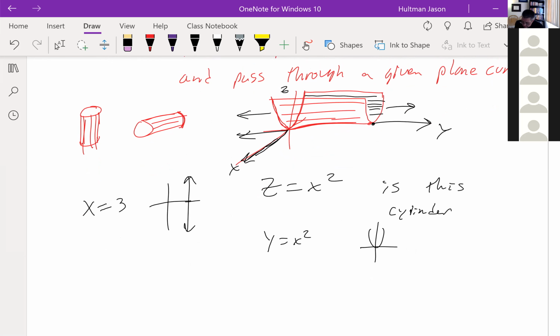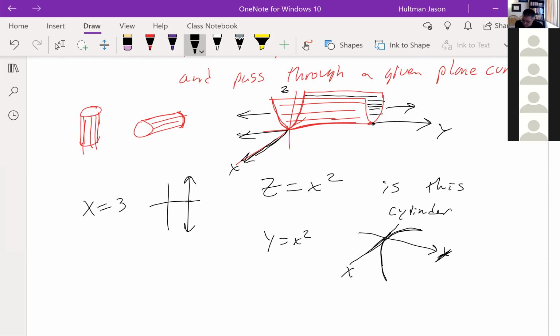Okay. Let's do it like this. Let's create the xy plane here, right? The xy plane. What would this look like in the xy plane? Y and x. Wouldn't it look like this?